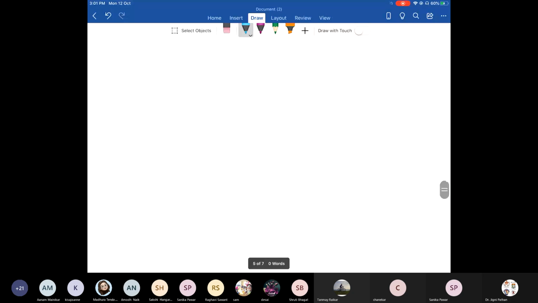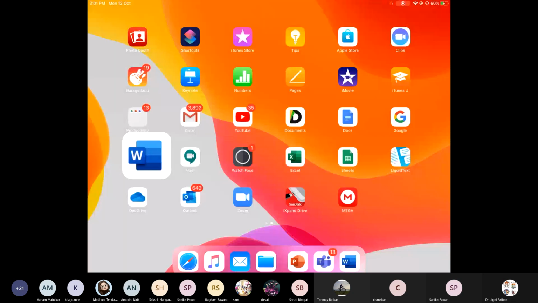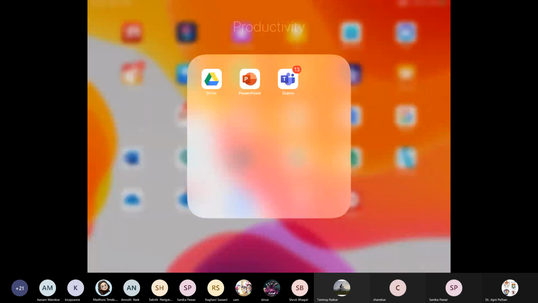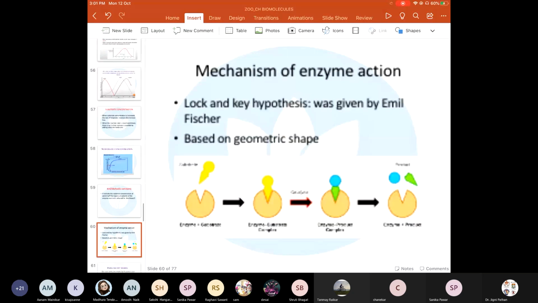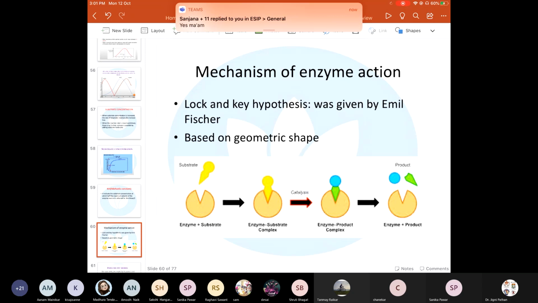Okay, Sanjana, which slide do you want to show? Lock and key, right? Okay, write down this lock and key. Is this the slide you're asking for, Sanjana? Okay, take a screenshot.